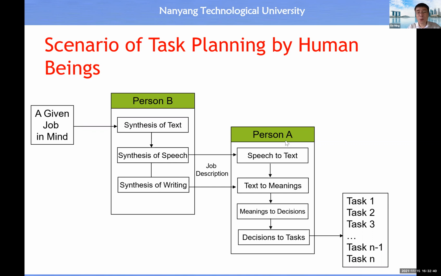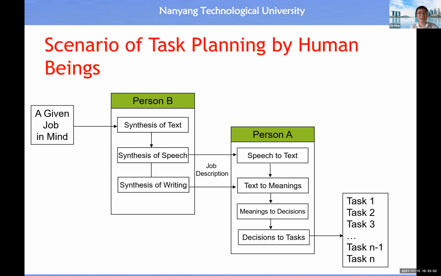Once person A receives a job description in the form of a written document or speech, person A will try to understand the meaning of the job description. Then based on his experience, he will plan a series of tasks to be performed either by human worker or by robot.